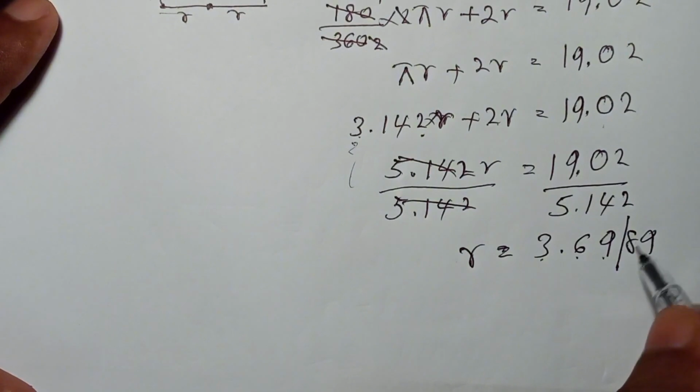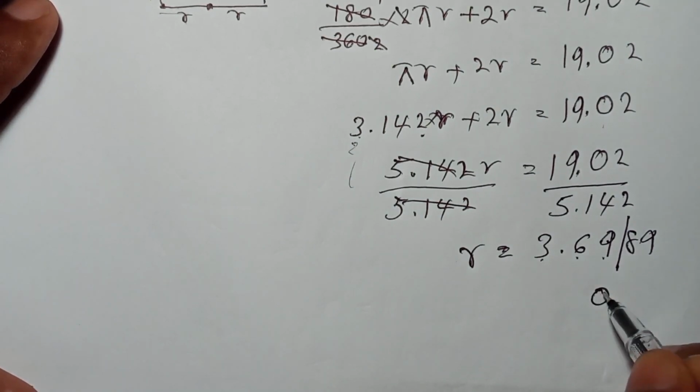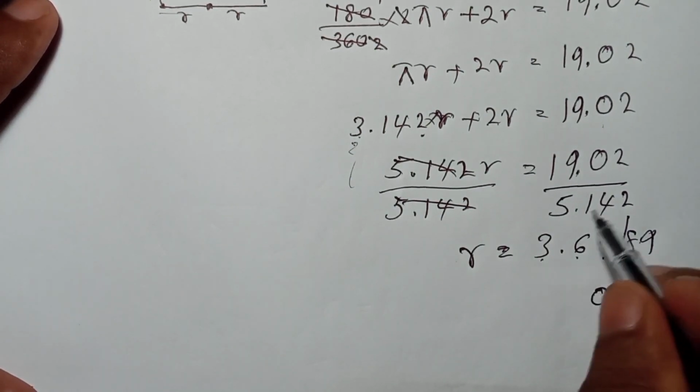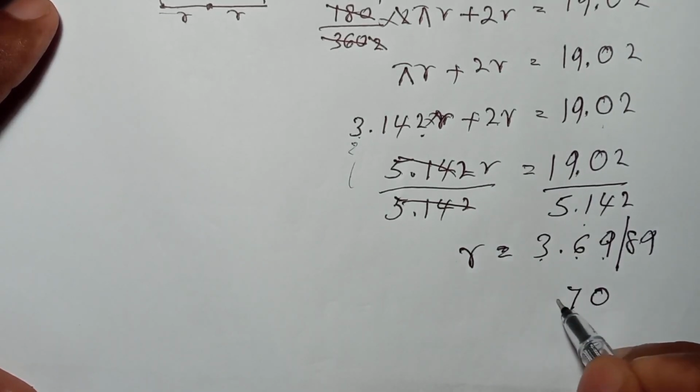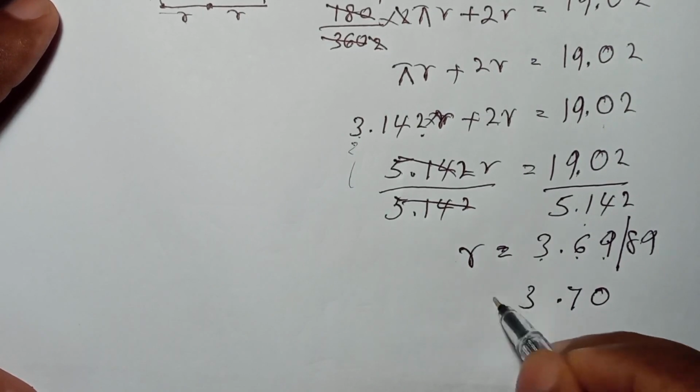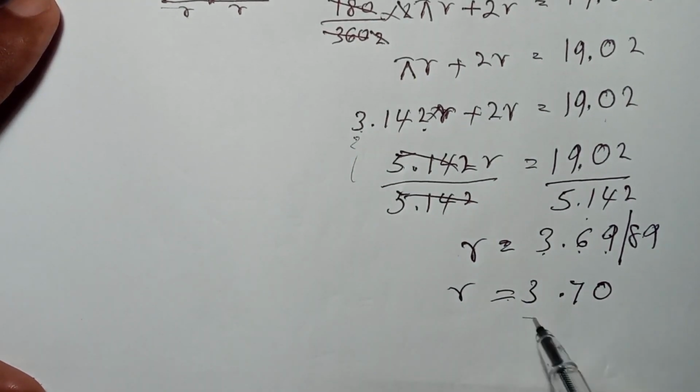So this is more than 5, no? 8 means add 1 to here. When you add 1 to here, it will be 10. 9 plus 1, 10, no? From 10 you need to put 0, that one carries to the remaining one here. 1 plus 6, it will be 7 here, and then here 3. So r equals 3.70. This is the answer for r.